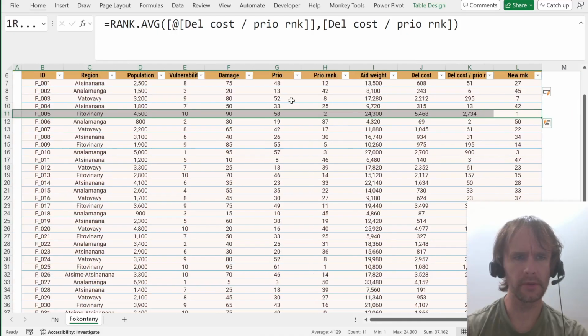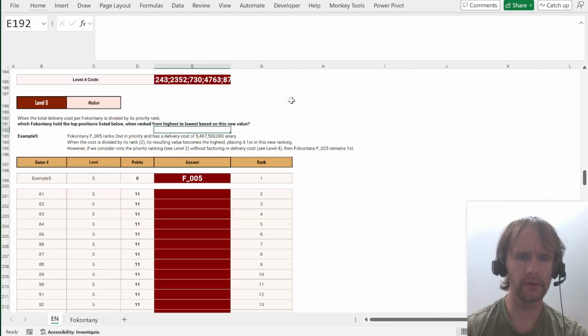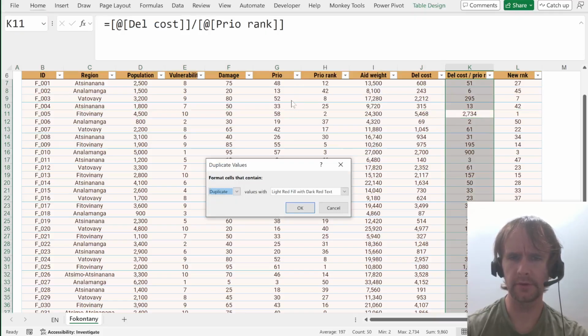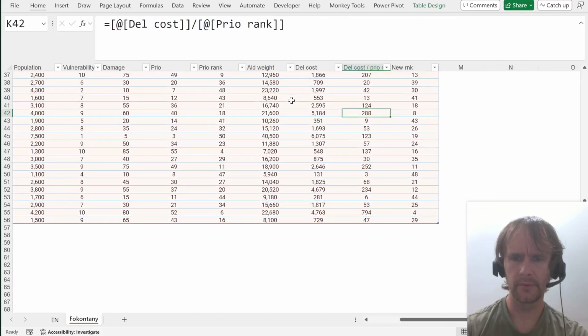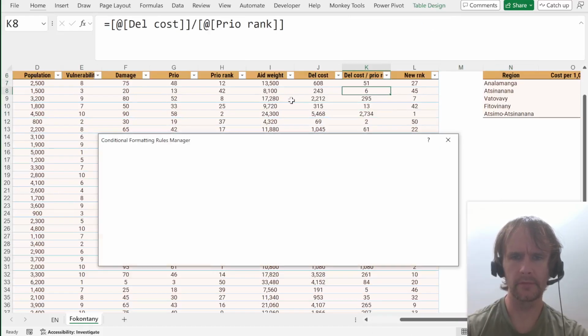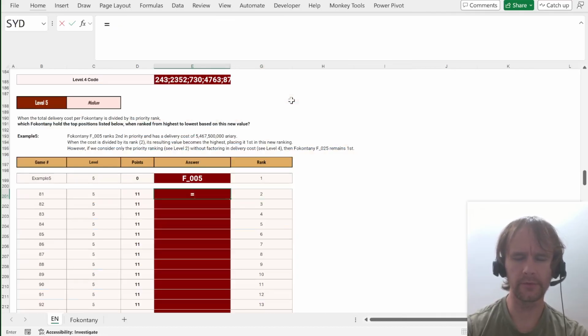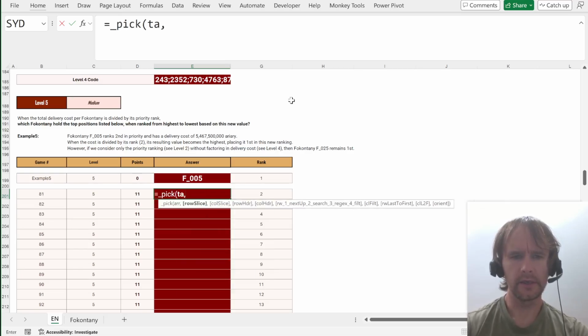So according to me, number 1 is 5. Good. Okay. Are there any ties in this version? Maybe not, because it's such a weird number. Nope, there aren't. Okay, good. Although it could still be wrong if the calculation from before is wrong, but never mind. So we're going to pick TA.